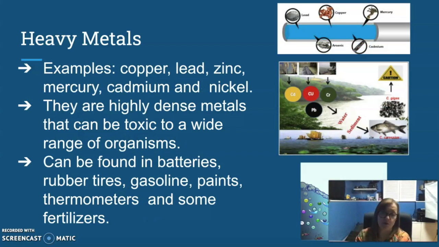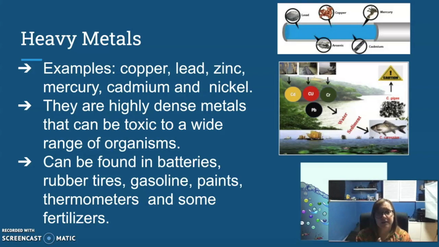Heavy metals are another problem, and you guys have heard of this before. We'll talk about this with Flint. Heavy metal problems would be things like lead, copper, zinc, mercury, cadmium, and nickel. I'm sure you've talked about it in the sense that lead poisoning is bad, lead in paint is bad, and lead pipes can be really bad for the environment.